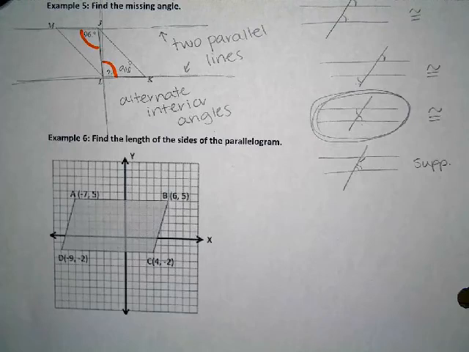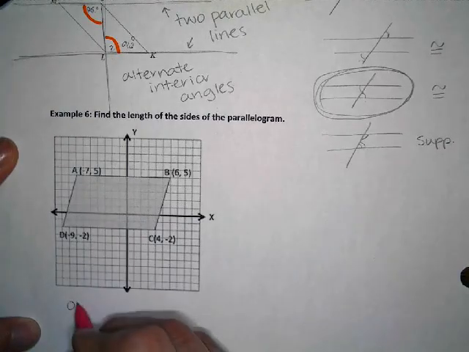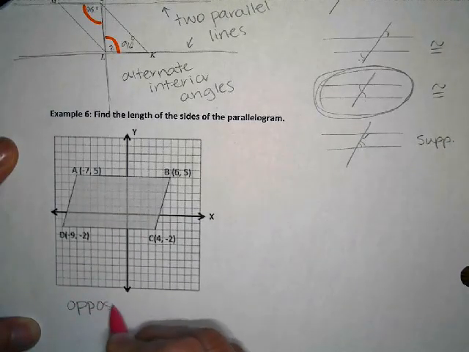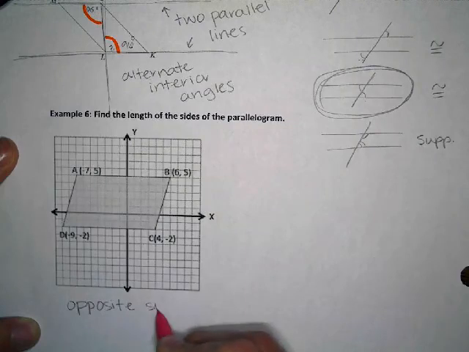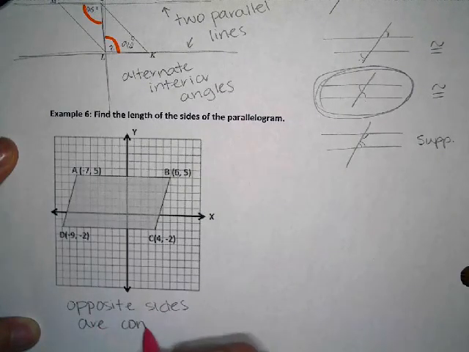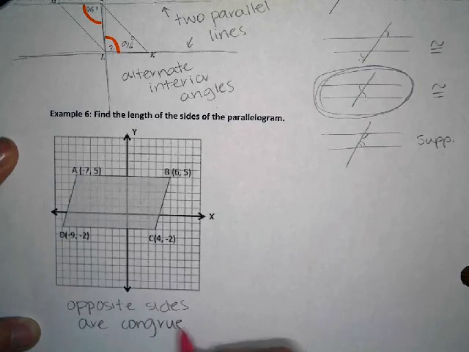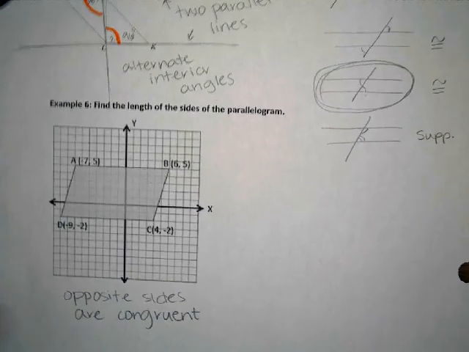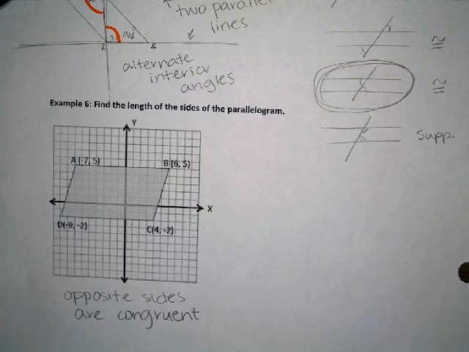So we know that opposite sides are congruent. We already know that, right? So opposite sides should be equal in length. We also know that opposite sides should be parallel.